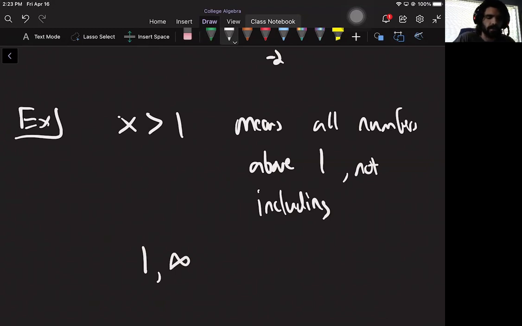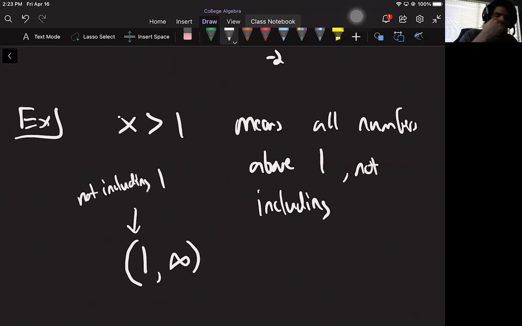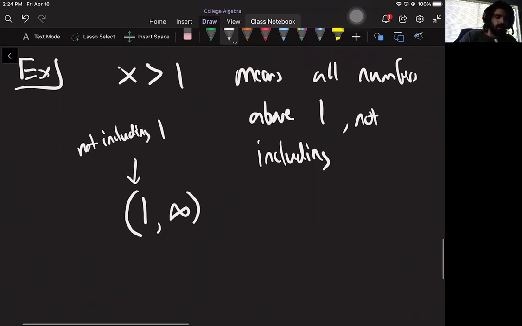That's going to be the same as the first example, but on the left I'm going to use a parentheses instead of a bracket. And this means that we're not including 1. If it was a bracket, then you would be including 1, and that would be for when it's a greater than or equal to. So this is the interval notation when you don't want to include the boundary.